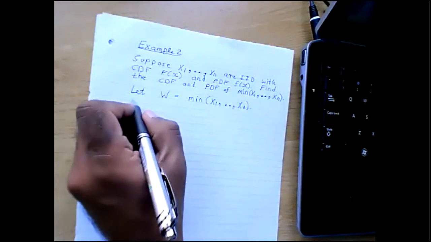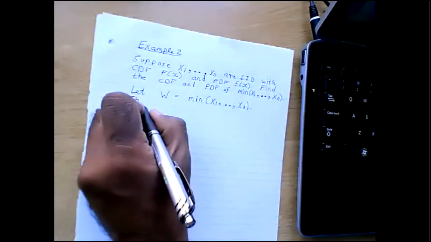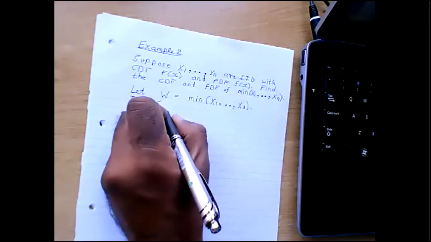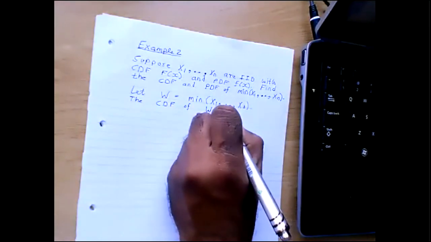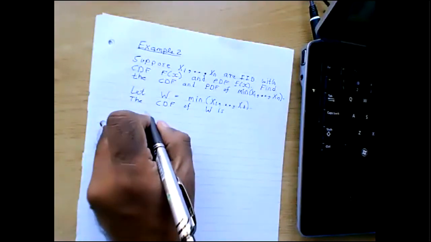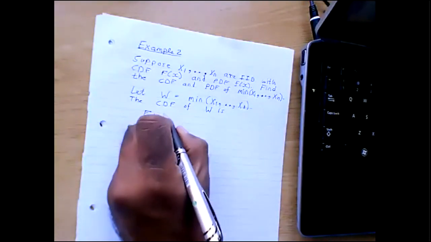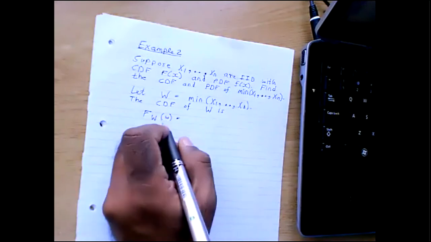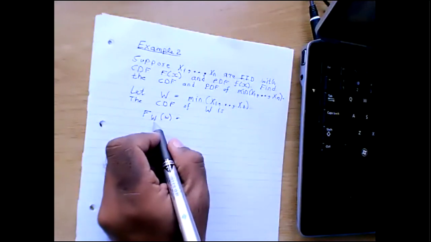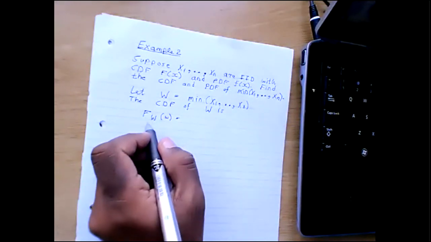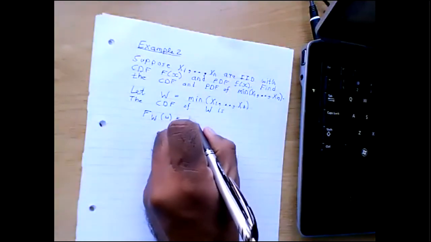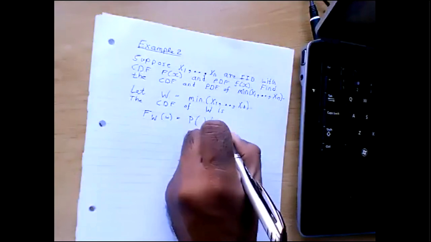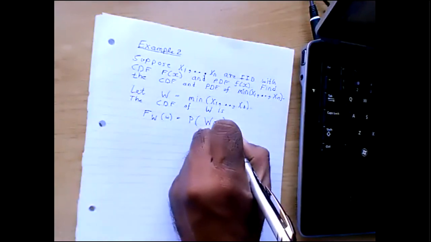So the CDF of W is, just not to confuse you, capital F subscript W denotes the CDF of W. So it's the probability that capital W is less than or equal to little w.